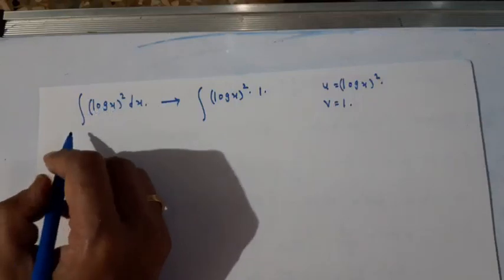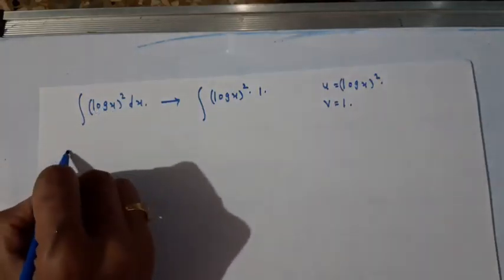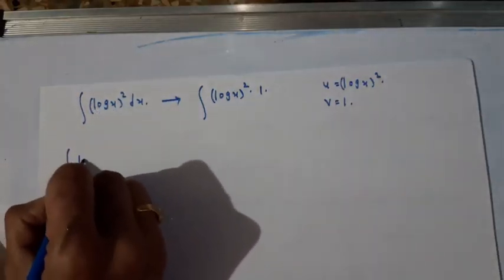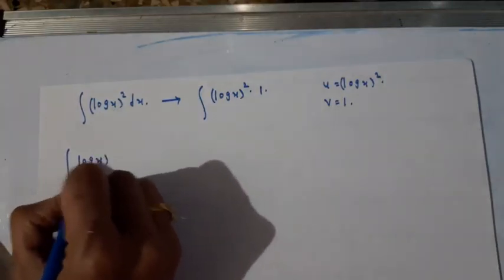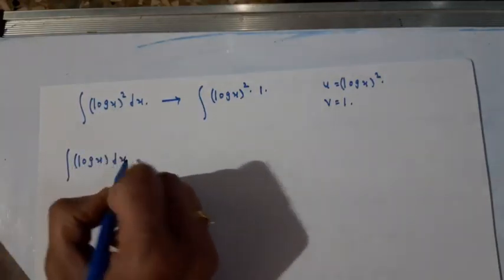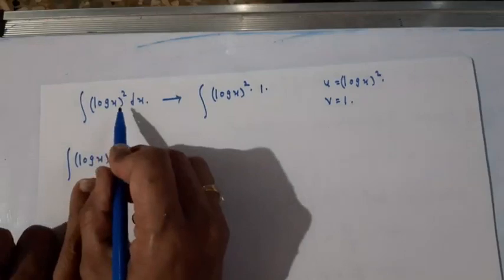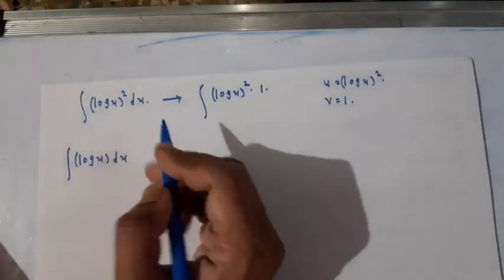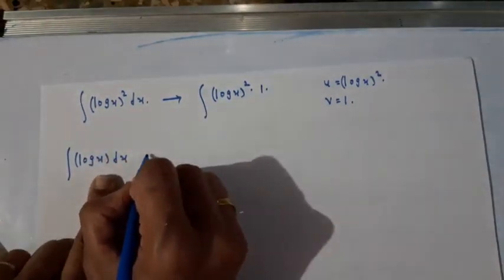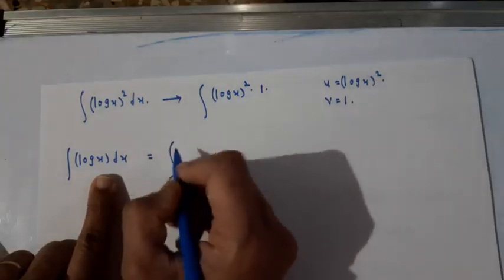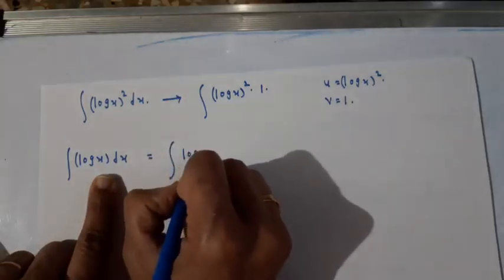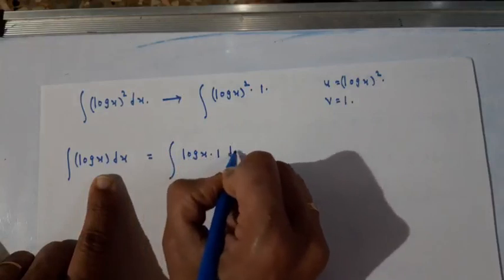Okay students, now this is the example. Before going to that, let us solve the integration of log of x with respect to x. First we solve this function and then we solve the other one. So here, integration of log of x, we can write as log of x into 1 with respect to x.